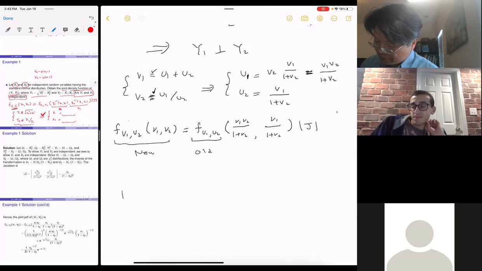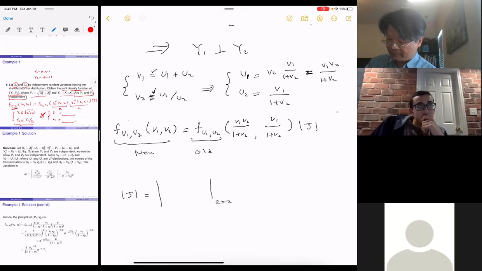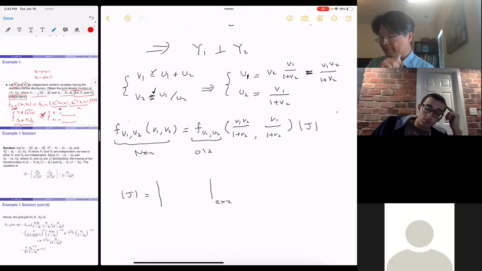What does the Jacobian mean right here? Right? 2 by 2 transformation. Your Jacobian is going to be a 2 by 2 matrix. And then you write down the matrix, then deriving the determinant of the matrix is called the Jacobian. Okay, so what is the Jacobian right here then?